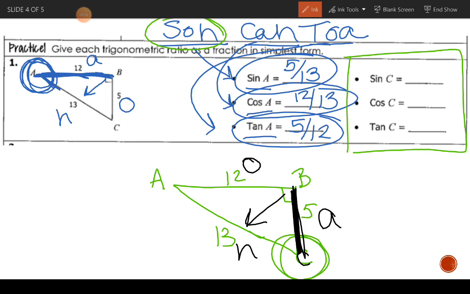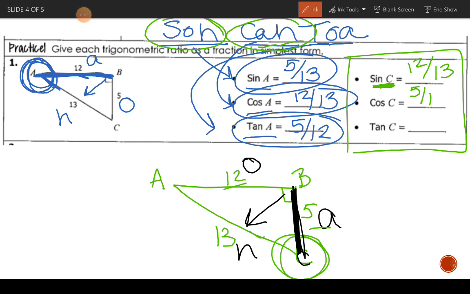So again, we use our SOHCAHTOA. So sine. Sine is going to be opposite. So 12 over hypotenuse, 13. So sine of angle C, because this is angle C this time, is going to be opposite over a hypotenuse, which is 12 over 13. Cosine is going to be adjacent over hypotenuse. So my adjacent is 5.